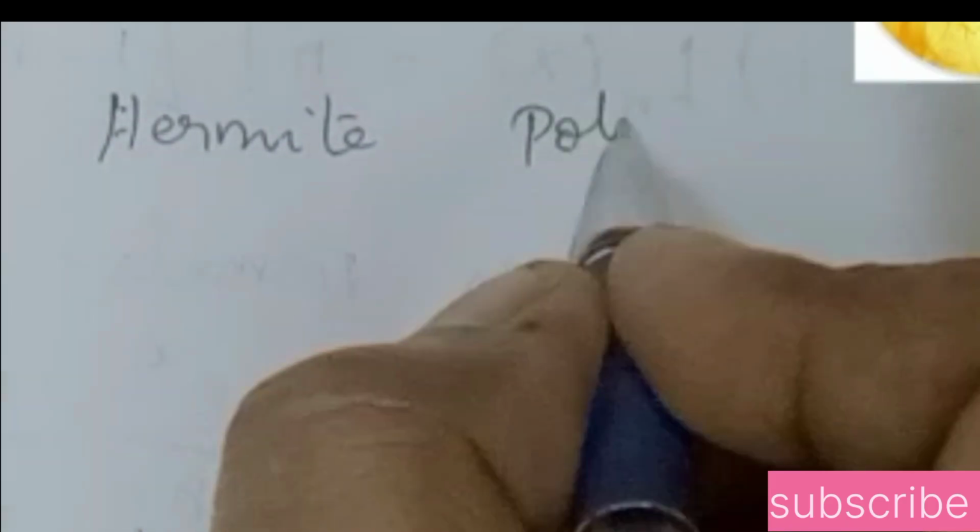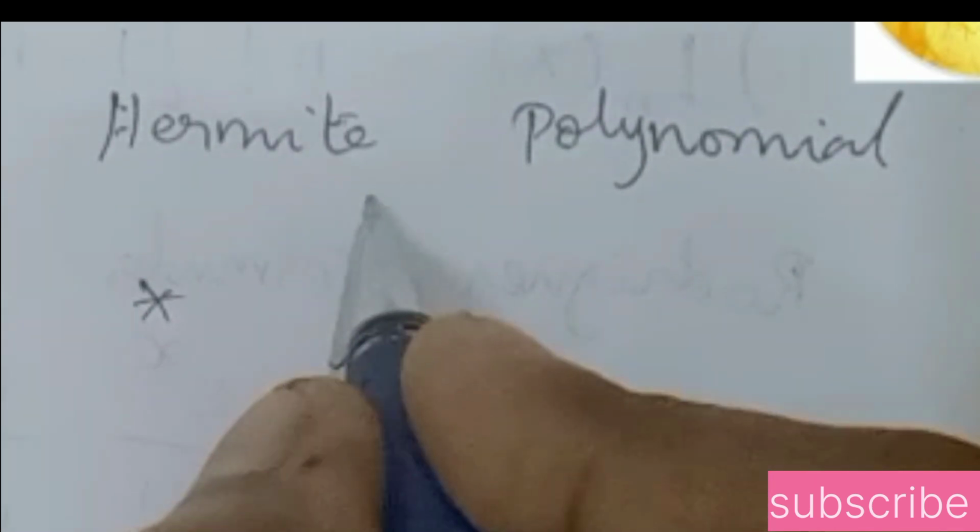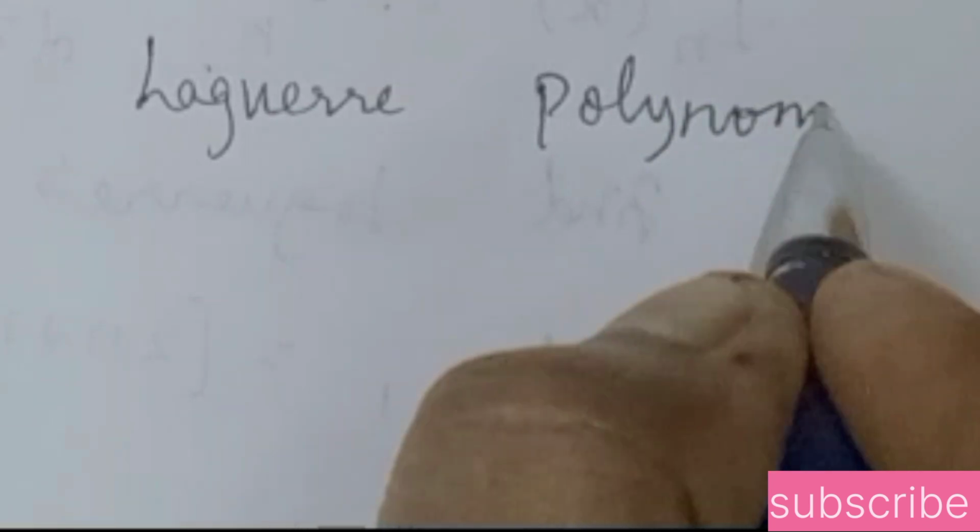From the above two equations, we get Pn of minus 1 equal to minus 1 the whole power n. In Hermite polynomial, the integral is from minus infinity to plus infinity. In Laguerre polynomial, the integration is from 0 to infinity.